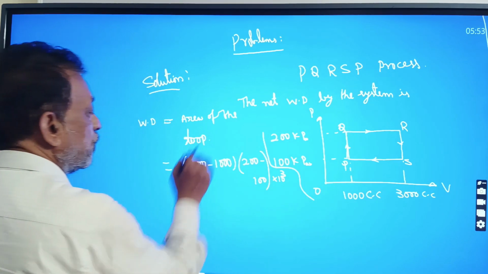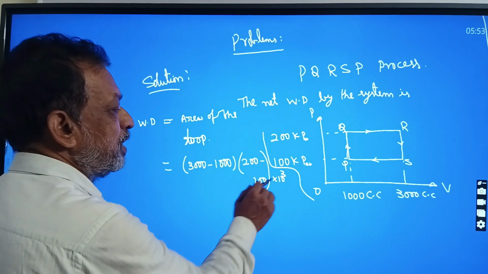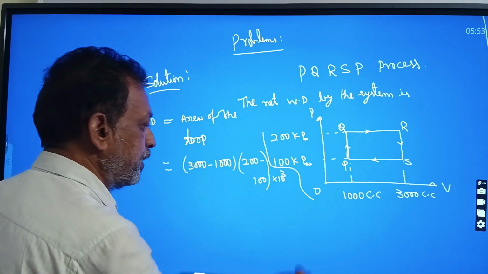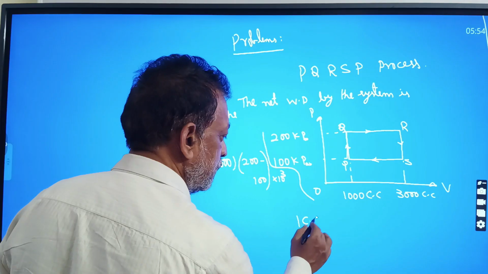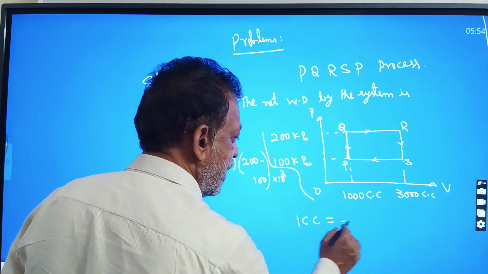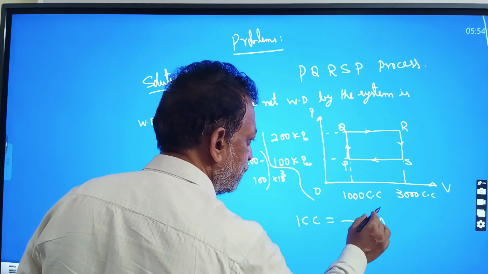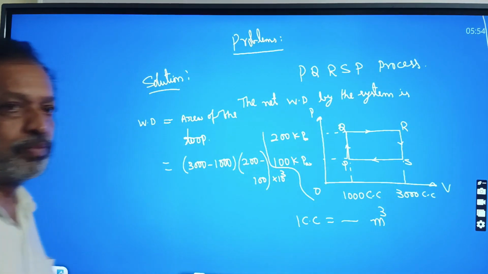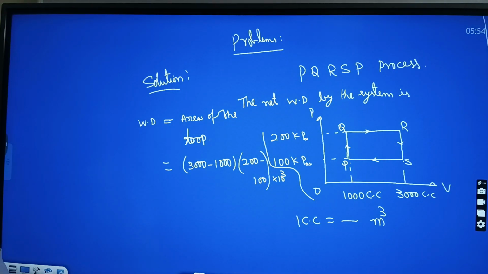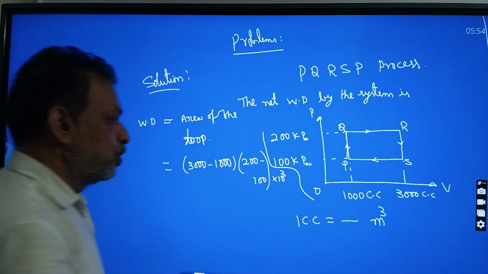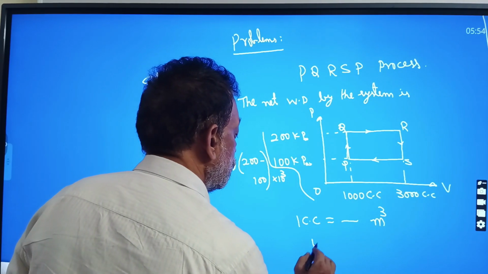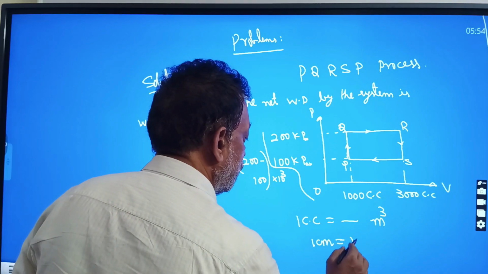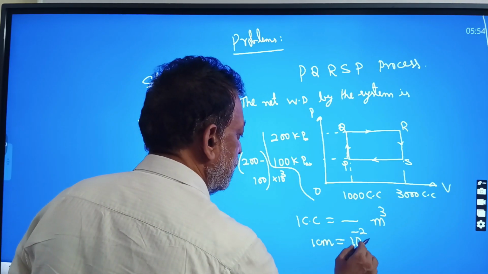Now this is in cubic centimeters. So this is in the SI system. 1 cubic centimeter is equal to how many cubic meters? So conversions. 1 centimeter is equal to 10 to the power of minus 2 meter.